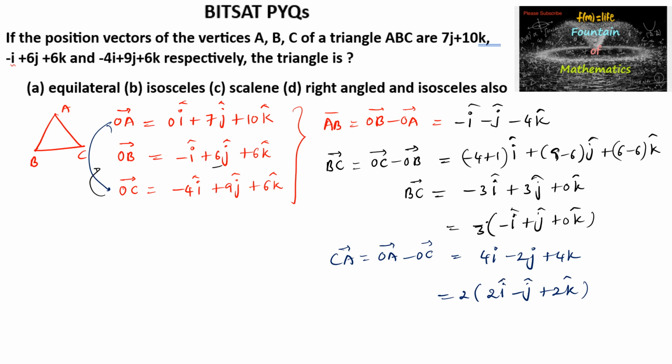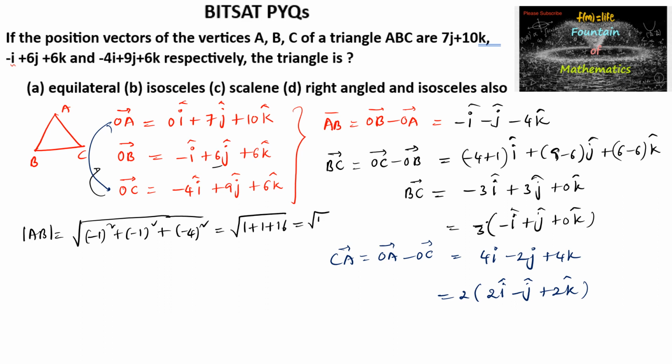Now let's find the lengths of these side vectors. So mod of AB is equal to under root of minus 1 whole square plus minus 1 whole square plus minus 4 whole square, which is equal to under root of 1 plus 1 plus 16, that is root 18. And similarly, the length of side BC is equal to under root of, we can take 3 outside, 3 times under root of minus 1 whole square plus 1 square plus 0, which is 3 times root 2.